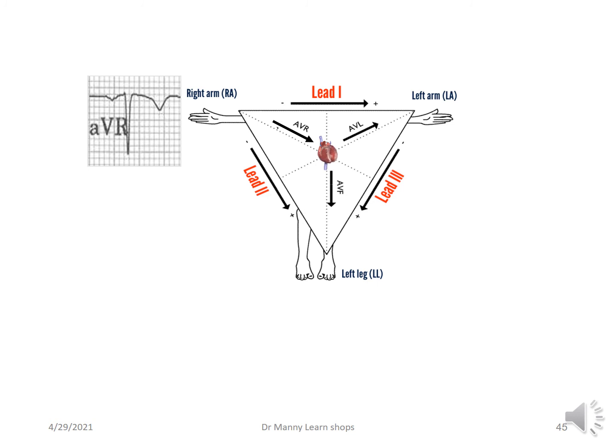And if you've got current going away from the right arm electrode, it creates a negative ECG component. If it's going to the left arm electrode, most of it is going down away to the left ventricle in the adult, so therefore it's seen as going away, negative, a little bit going towards the left arm electrode. So you've got a biphasic deflection, a little bit positive, mostly negative.